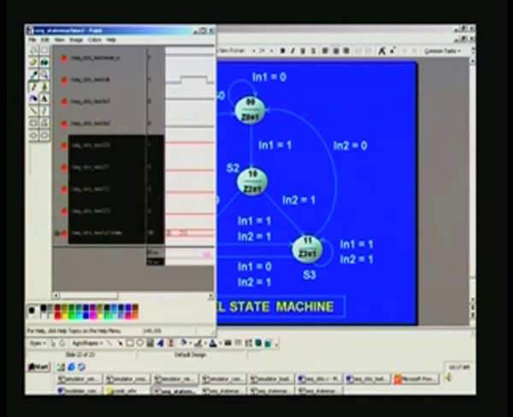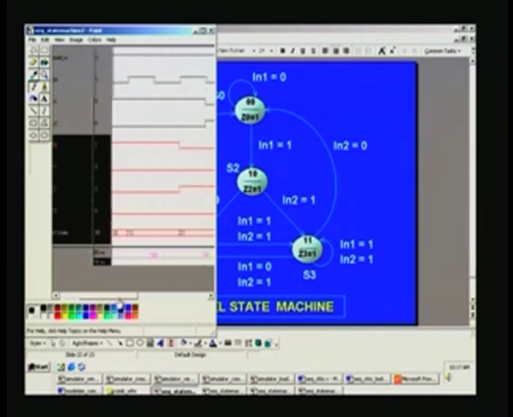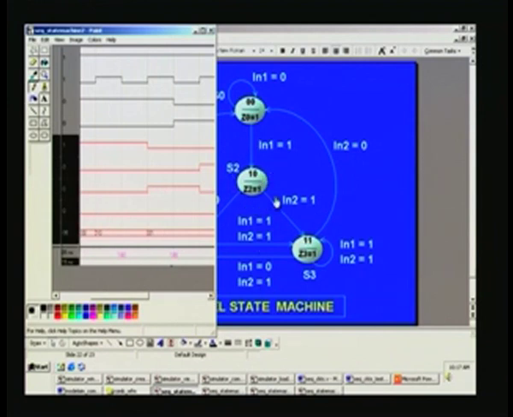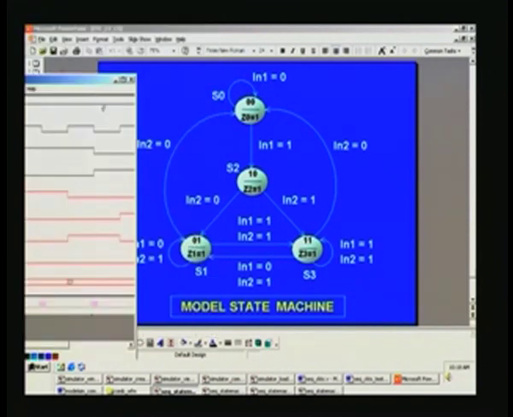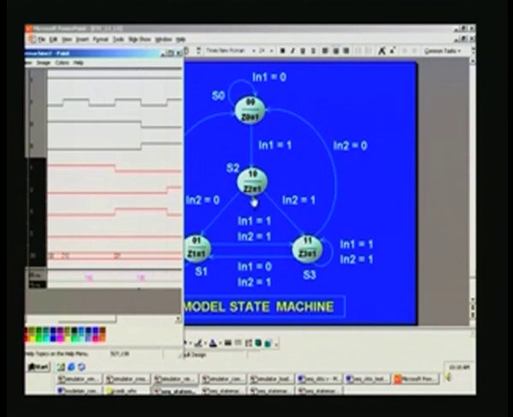In1 is 1, in2 is 0 in the S2 state. We will go rather slowly because it is quite intricate, and only then will you understand it.